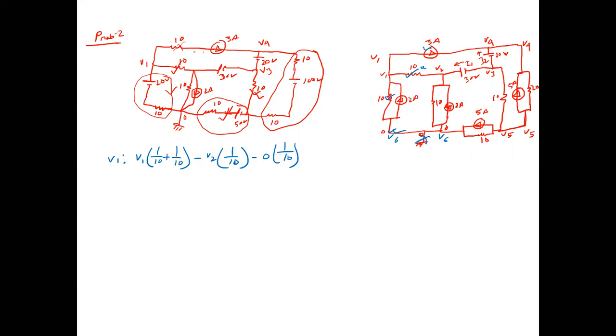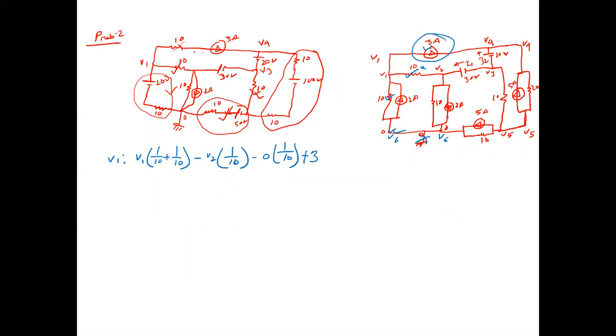So the resistance part is finished. Now current: minus or plus? If the current is outgoing, it is positive. This current is outgoing, so positive 3.